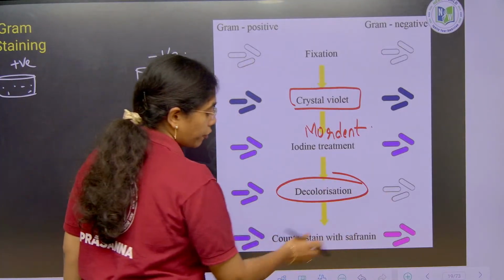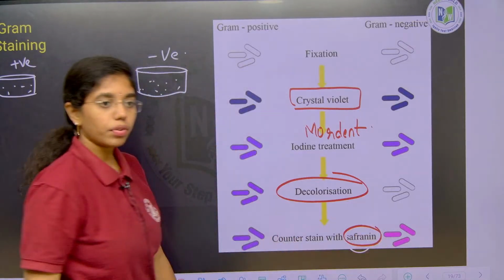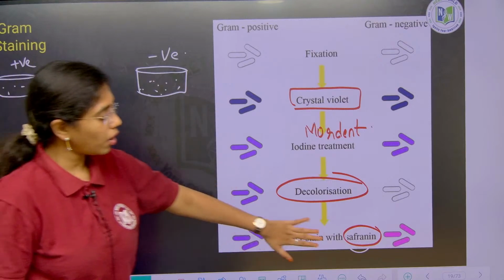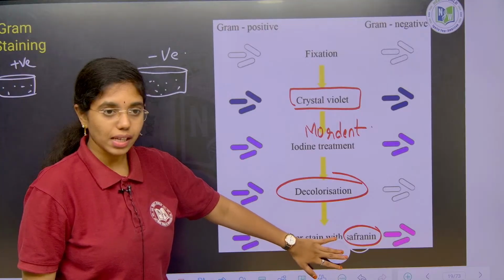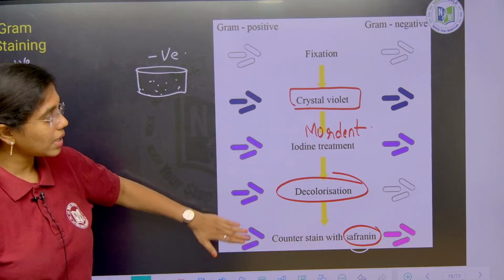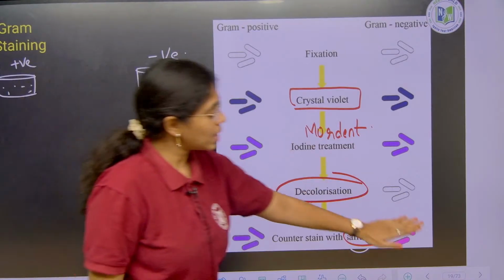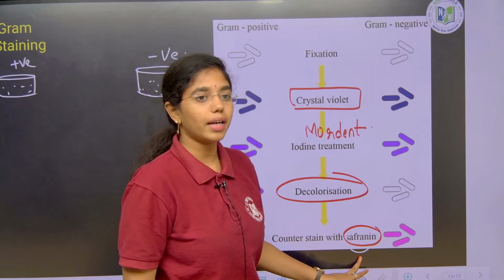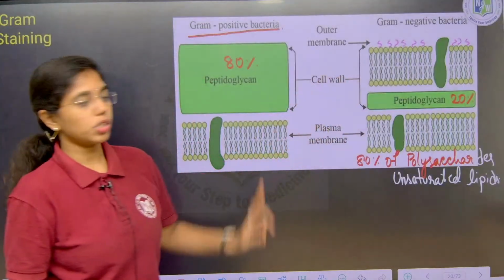If you counter stain it with one more dye, that is safranin, one set of bacteria will not get stained with safranin, it will retain the same color, whereas the other set of bacteria will respond to the dye, it cannot retain the stain. That is because of peptidoglycan composition.